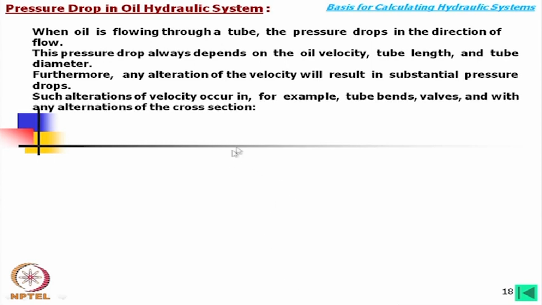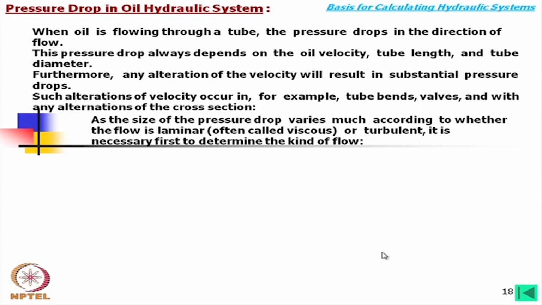Such alterations of velocity occur in, for example, tube bends, valves, and with any alterations of cross sections. And if we really would like to calculate some pressure drop, we have to consider each and every part, particularly when you are analyzing a valve. In case of servo valve, you may find sometimes the 50% pressure drop is there to control the flow.